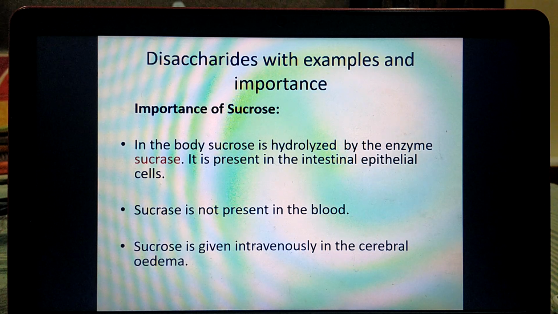Now this property is used to treat patients of cerebral edema, where there is accumulation of fluid in the brain, and by the process of osmosis this fluid is drawn from the brain to the intravascular compartment, or blood.